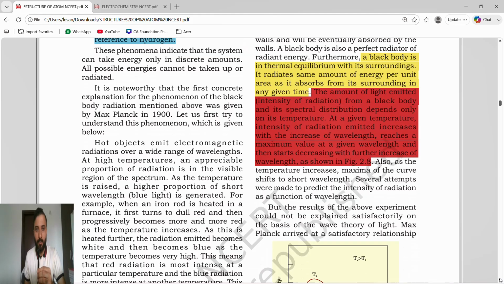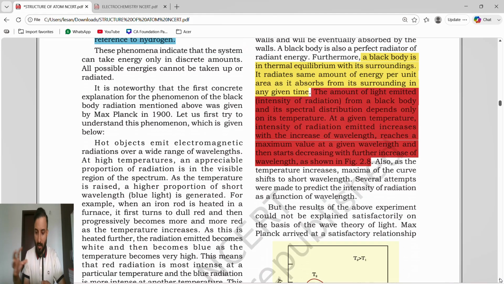A black body will absorb heat from its surrounding. Okay. And then the black body will emit the heat to the surrounding. Correct? So what will happen? A black body is absorbing the heat from the surrounding, correct? And the black body is releasing the heat to the surrounding, correct?